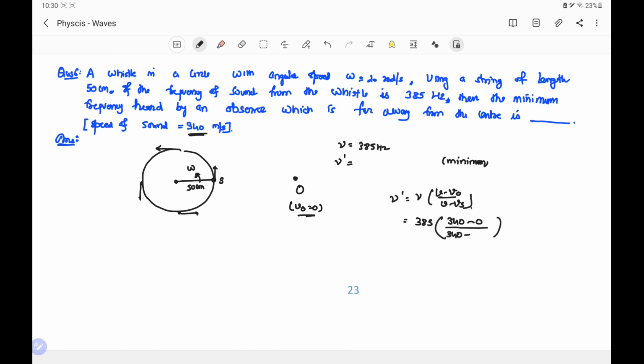Now we have to find the case in which the apparent frequency becomes minimum. So Vs should be taken so that this minus becomes plus and magnitude of Vs becomes maximum.